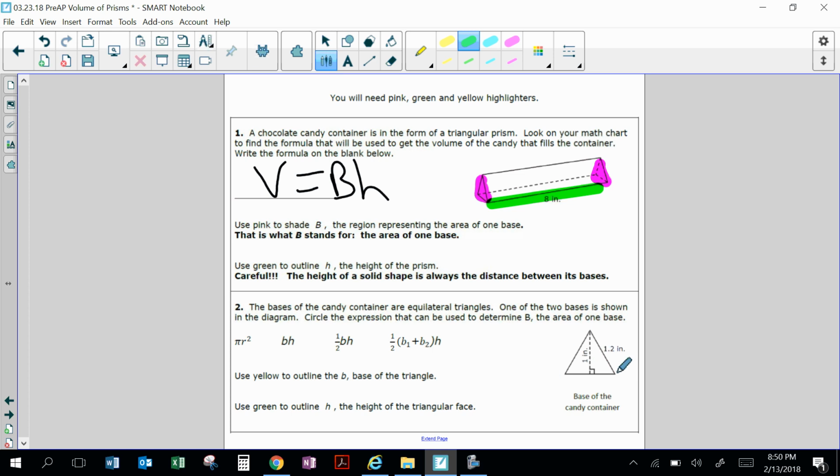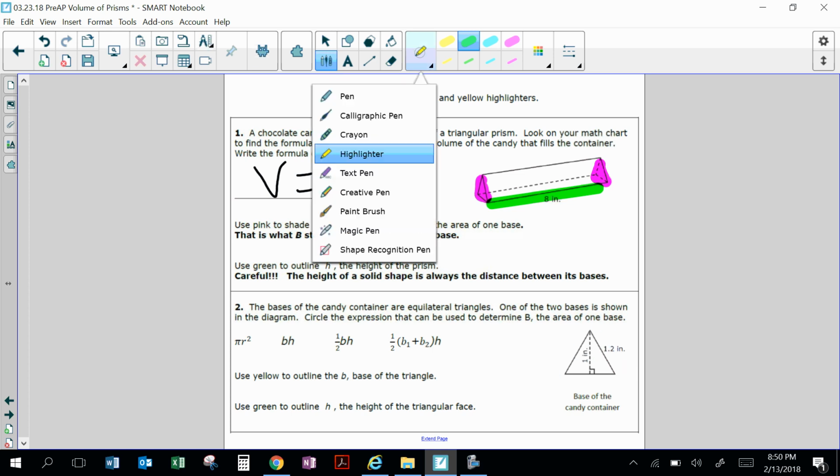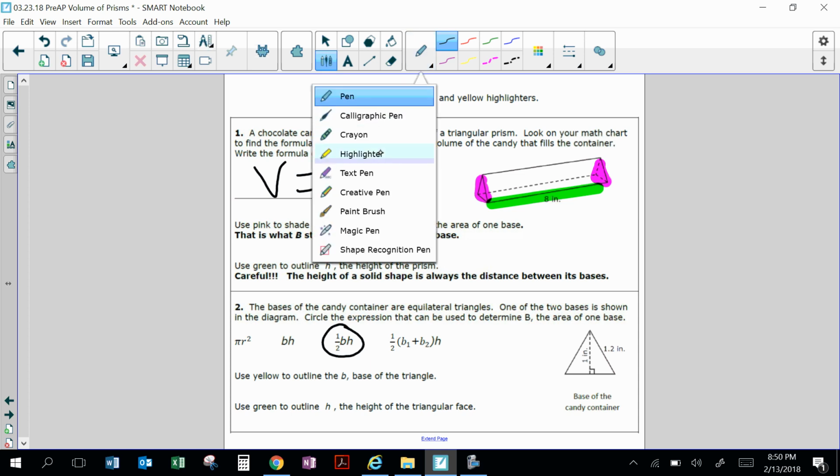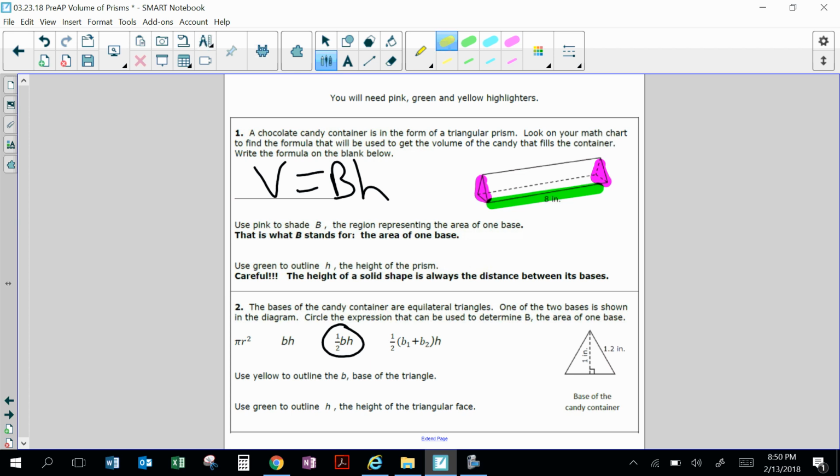How would you find the area of a triangle? Look at your formula chart. Is it pi r squared, base times height, half of base times height, half of b1 plus b2 times height? It is this one, because remember, a triangle is half of a rectangle or square. Use yellow to outline the base of the triangle right here.